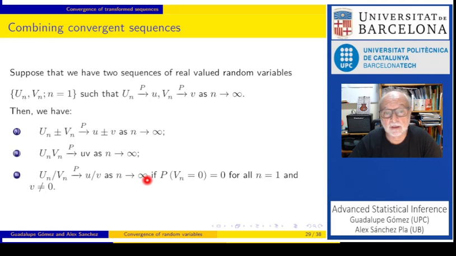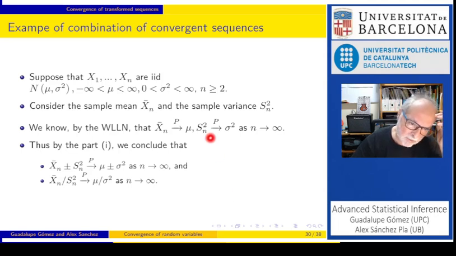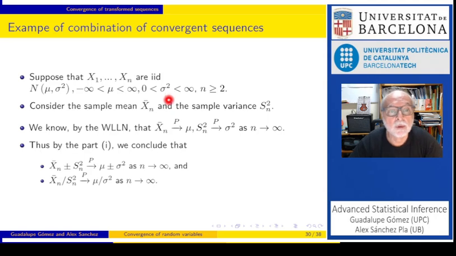It is very useful in practice for many results, because in many situations we want to add up things. For instance, if we have a sequence of random variables, we can consider the sample mean or the sample variance. The fact that the sample mean converges in probability to the population mean can be seen as an example of a combination of random variables, but it is better not to see it this way.